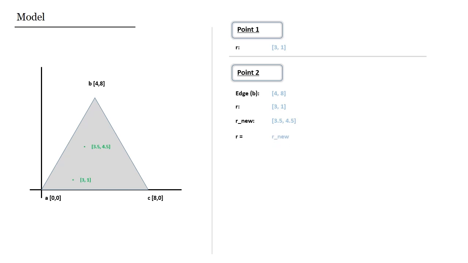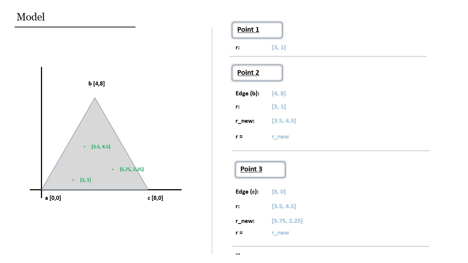Then we are going to just continue in this fashion and generate points. For example, let's say that for the third point we randomly choose C, then we use the last generated point to find the new point, which is in the middle of the 2, and we just continue in this fashion and generate more points.